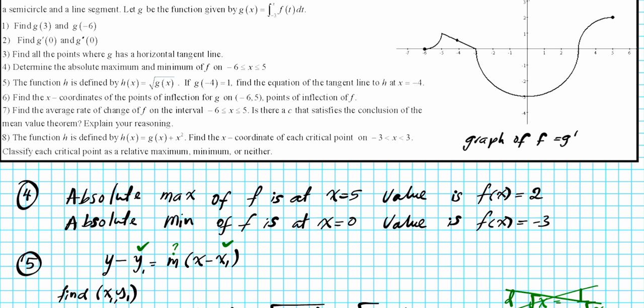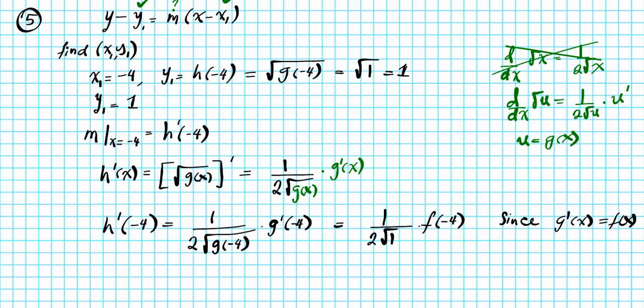Can you see where it's going to be? If I trace -4 to my function, it's going to be right at the center. Remember the slope of this line is -1/2. So if you go down 1/2, you go over 1. If you go down 1/2 from 1, this value right here is going to be 1/2. So this is 1/2 right at the center, and that's what f of -4 is going to be.